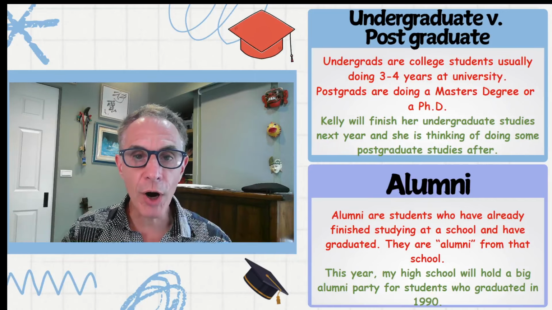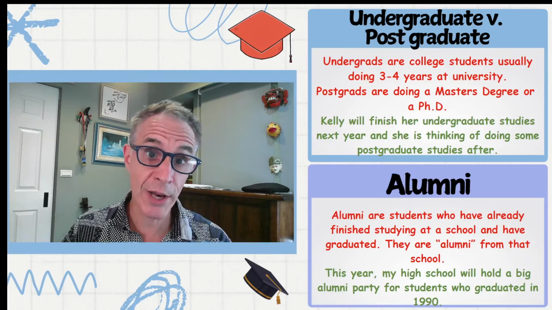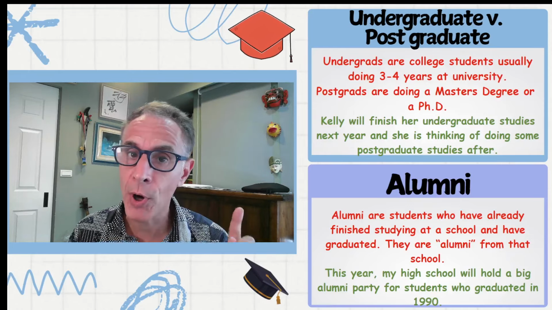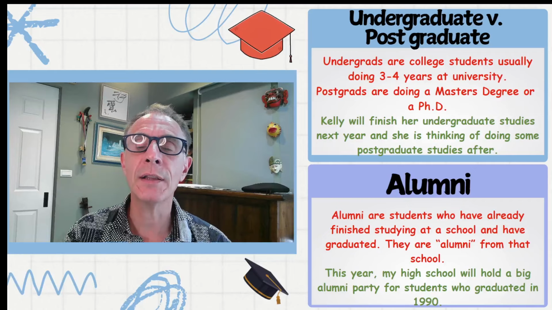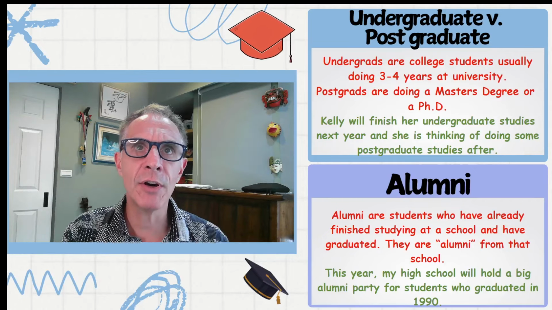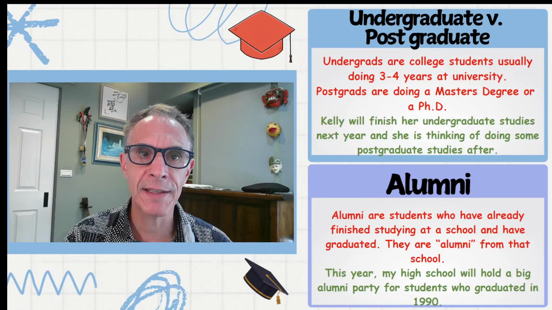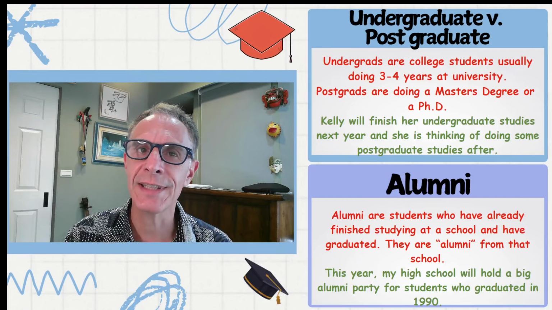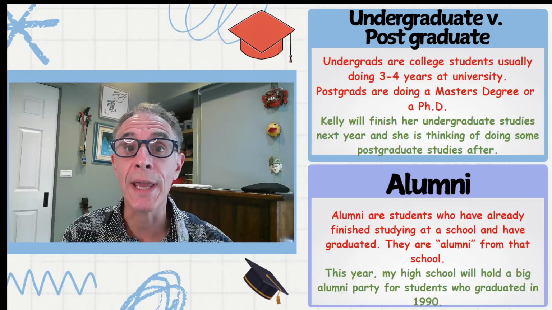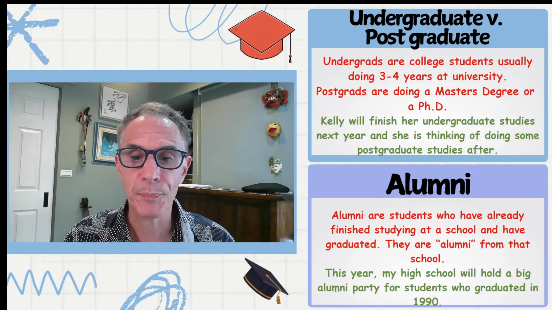If you went to Harvard in the USA and you graduated, and you can graduate undergrad or postgrad, then you are an alumni of Harvard, okay? And every year, universities will have an alumni party or an event, and a lot of universities like to ask alumni to donate money to them for the future of the school, okay?